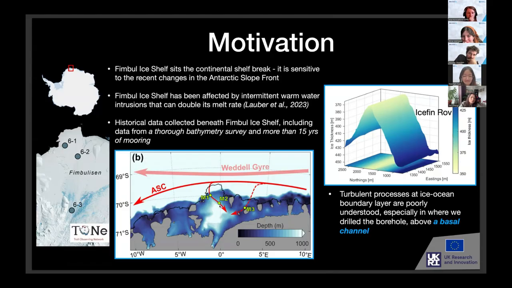So we put our mooring above this basal channel. This then links to my third point in the motivation, that the turbulence processes at the ice-ocean boundary layer, especially above the basal channel, are very poorly understood. This gives us another good reason to do our turbulence study in this place.